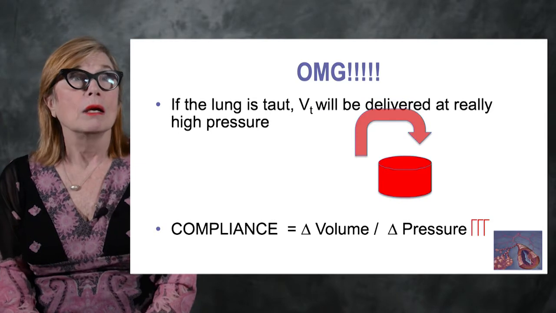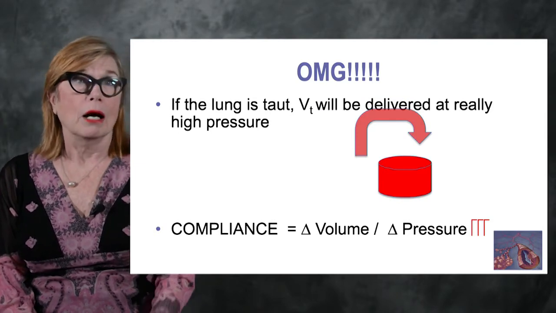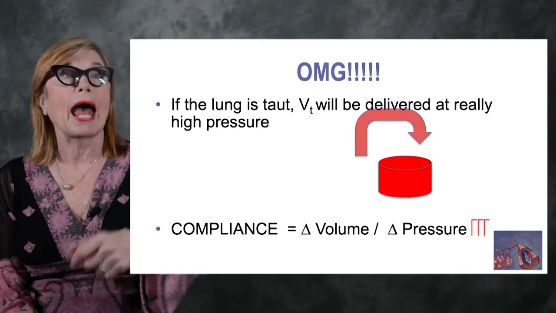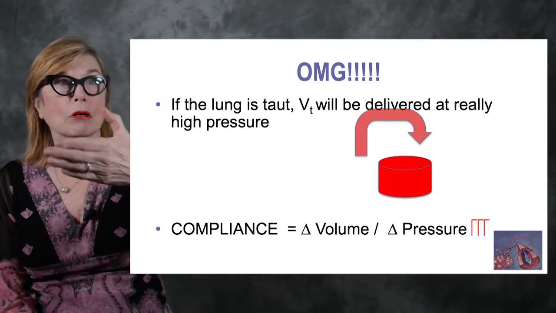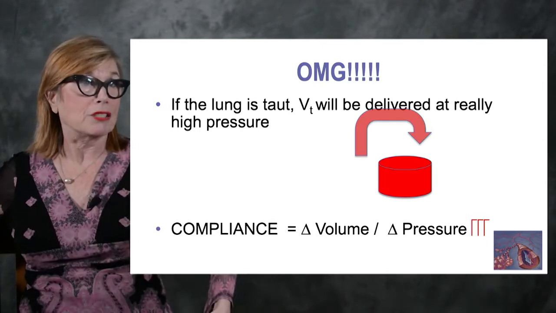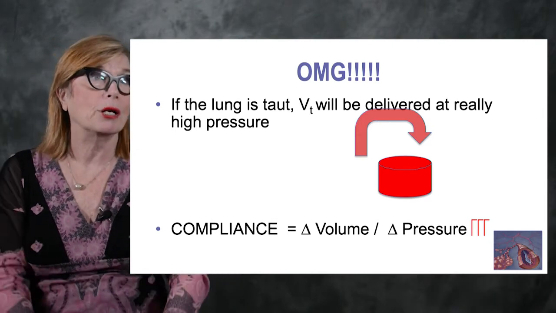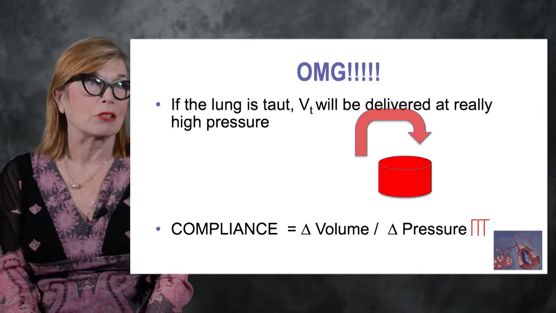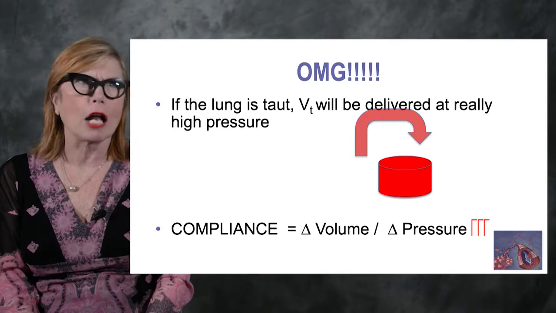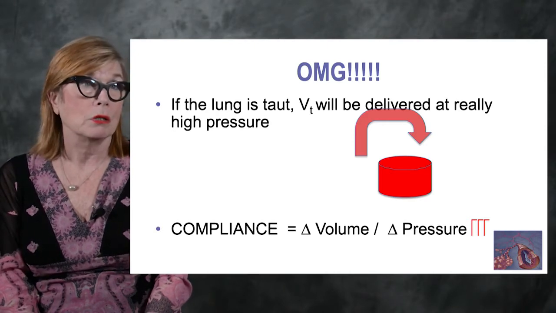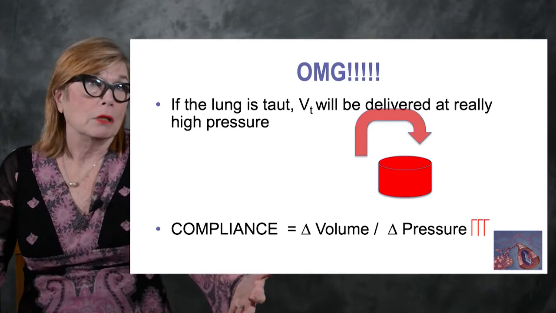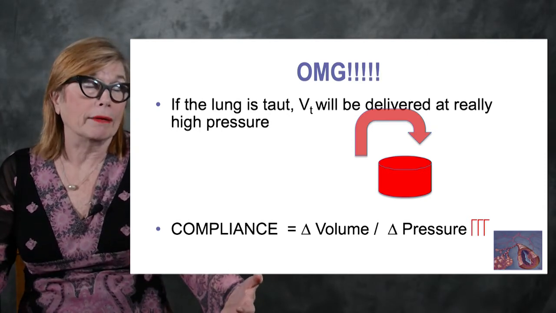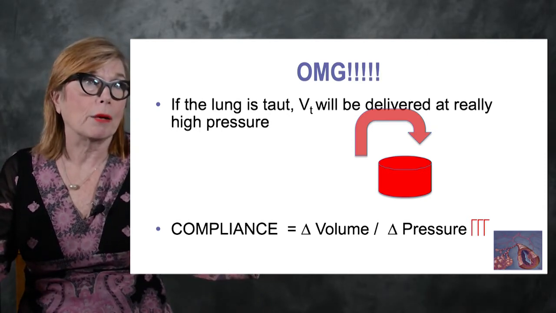However, if the lung is taut, a tidal volume will be delivered at the result of a really high pressure. Again, taking my size 10 body and trying to put it into a size 2 pant. There's going to be a lot of pressure on those seams because too much volume in that non-compliant lung yields a very high pressure.